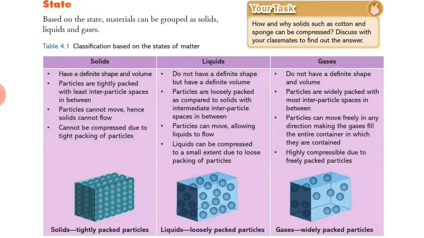In solids, particle spacing will be minimum, moderate in case of liquids, but maximum in case of gases. Particles can move freely in all directions, making the gas fill the entire container in which it is contained. On the basis of movement of particles, in solids there is no movement of particles. In liquids particles can move, and in gases, having the maximum space between them, they can move easily.